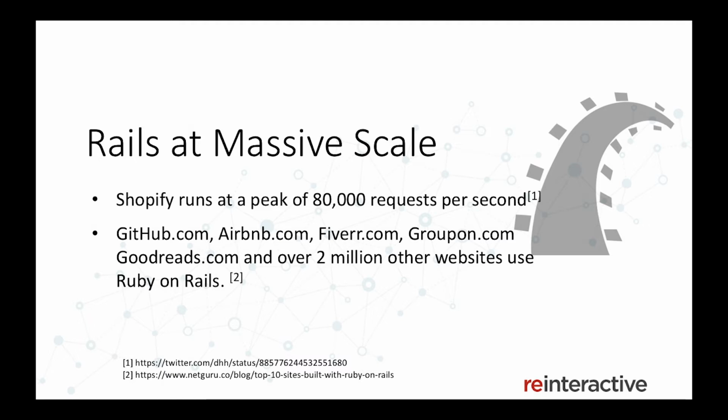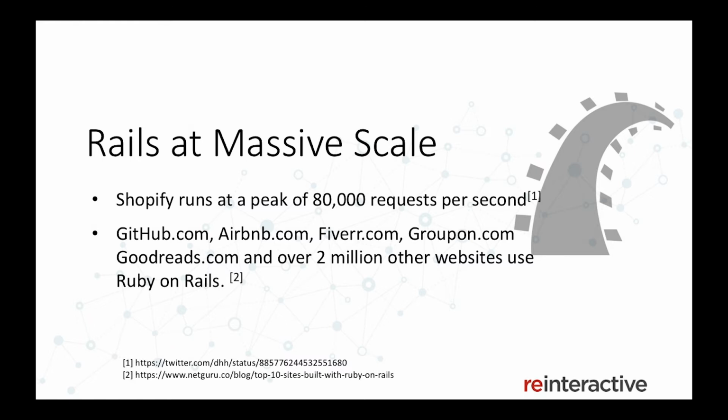So first off, Rails at massive scale. Shopify runs at a peak of 80,000 requests per second. GitHub and Airbnb and Fiverr and Groupon and Goodreads, and over 2 million other websites use Ruby on Rails. So there's a massive amount of applications out there at large scale. That 80,000 requests per second is a tweet from DHH, which is actually a tweet of a presentation done by Shopify about how they evolved and scaled their Rails application over 10 years or whatever it was.